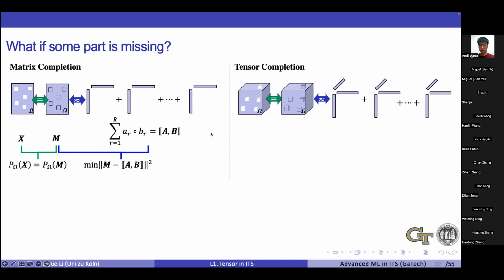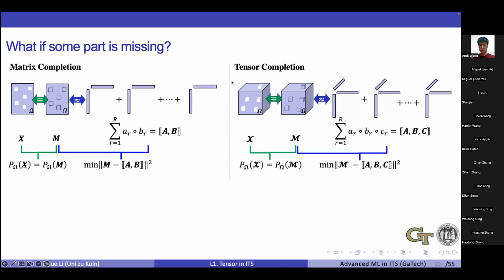Basically it's the same thing. For example, in the matrix case, we want the matrix M to be decomposed by A and B, and on the observation set omega, M should be equal to X. And when we decompose, M should be as close as possible to our reconstruction from A and B. So we have two terms here, and tensor completion is similar.